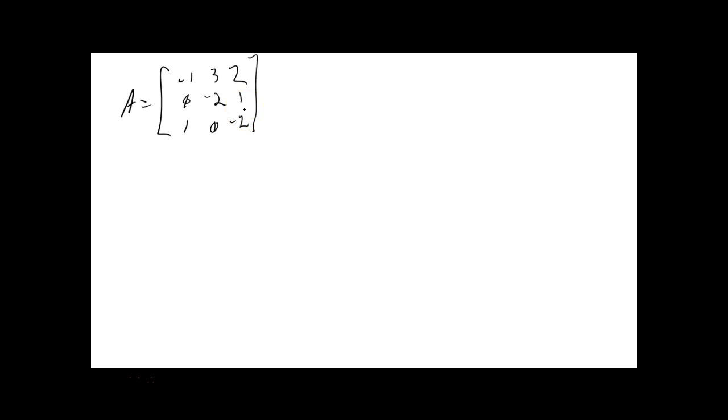All right. Now, the first thing we've got to do is come up with another square matrix, which doesn't have a name, but it's the matrix of the cofactors of this matrix.